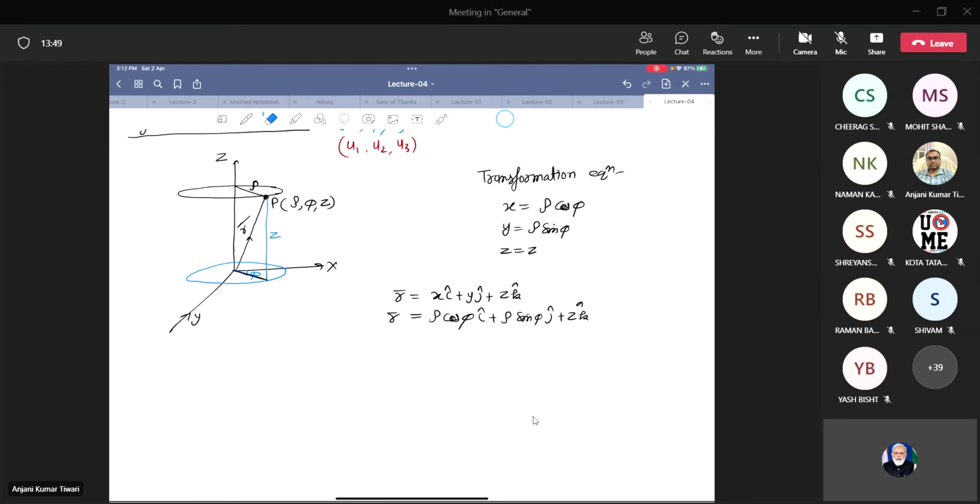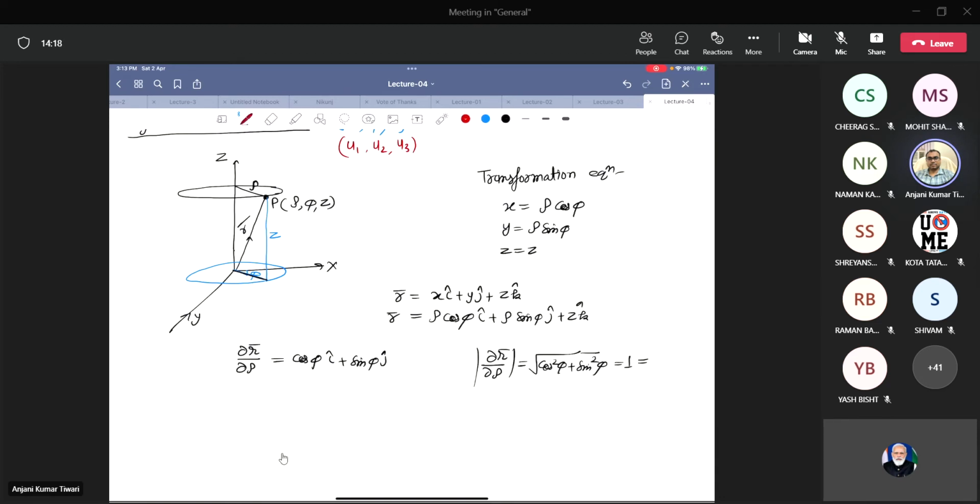Delta r over delta rho is cos phi i plus sin phi j. Its magnitude will be the square root of cos squared phi plus sin squared phi, which is equal to 1.